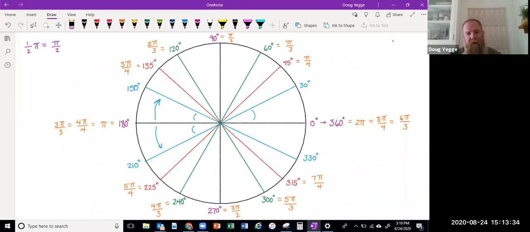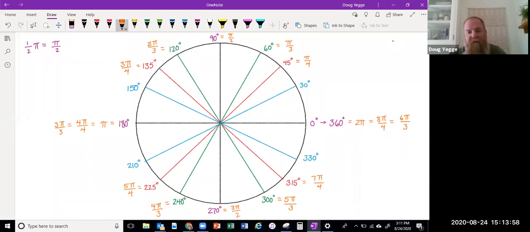So the first thing to make sure we're familiar with is all of these special, there's 16 special degree measurements on this circle. All of the quadrantal angles, but in addition to that, all of the 30, 45, and 60 degree reference angles.